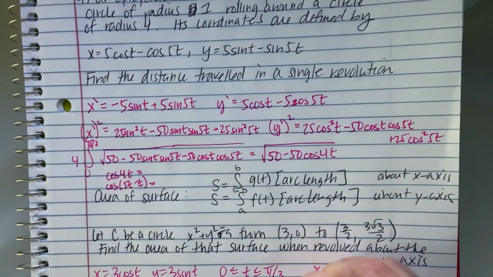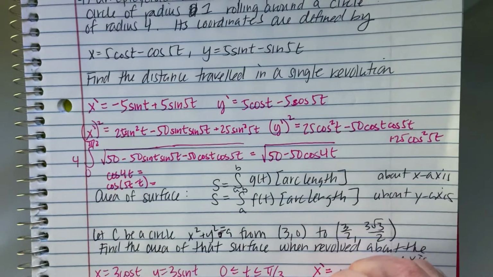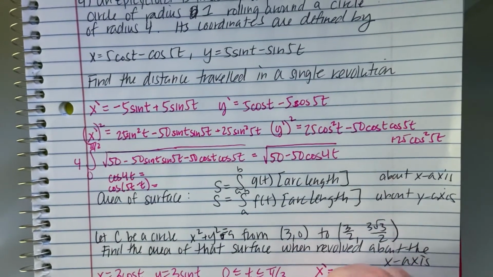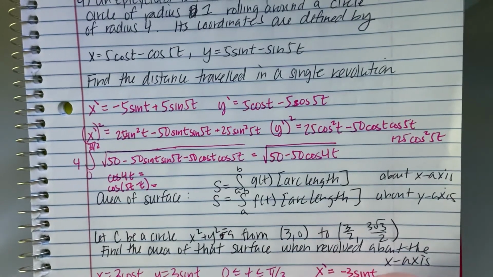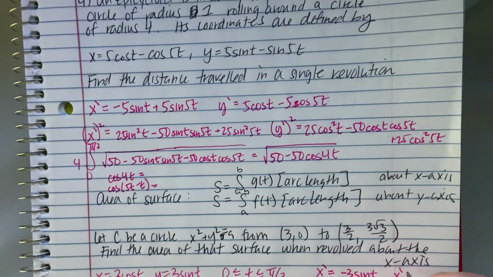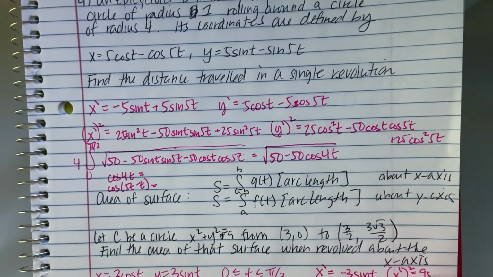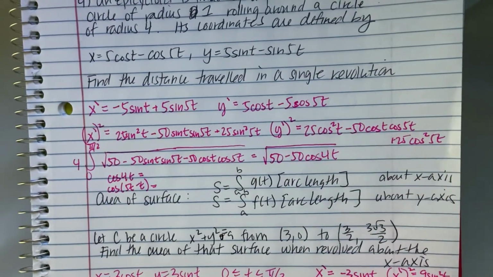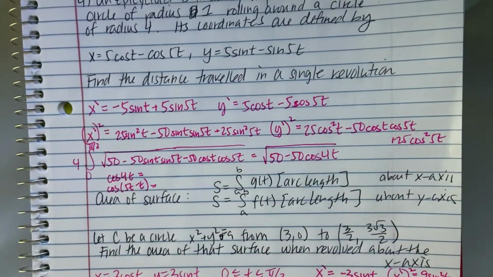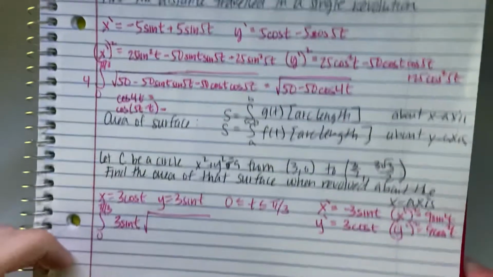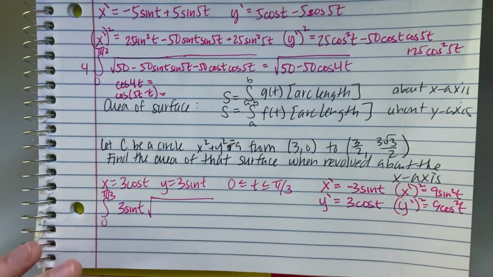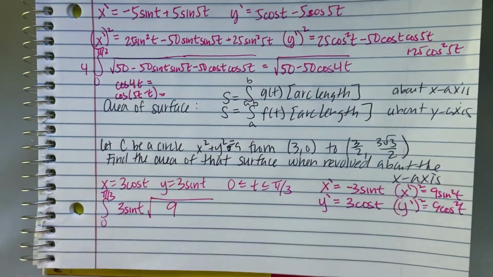The derivative of x is x prime, which is negative 3 sine t, and y prime is 3 cosine t. If I square both of those, I get 9 sine squared t and 9 cosine squared t, which is helpful because sine squared plus cosine squared is 1, so this is just 9.